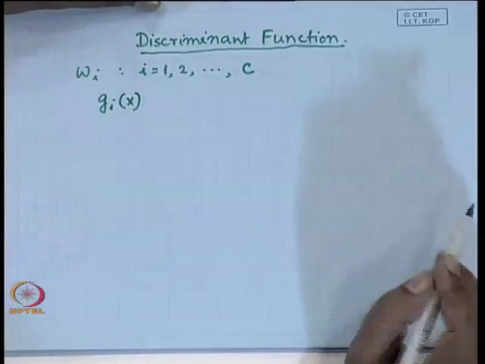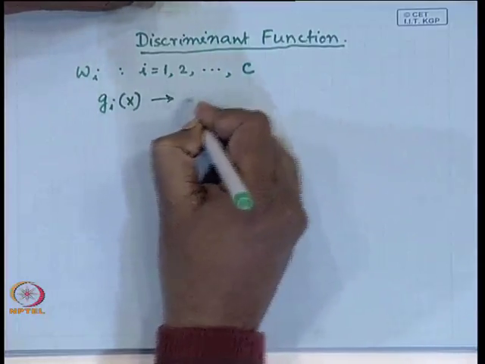So, this g i of x for a feature vector x will be computed for every ith class. And for whichever value of i the g i of x is maximum, we classify x to that particular class omega i. So, this is what we call the discriminant function.